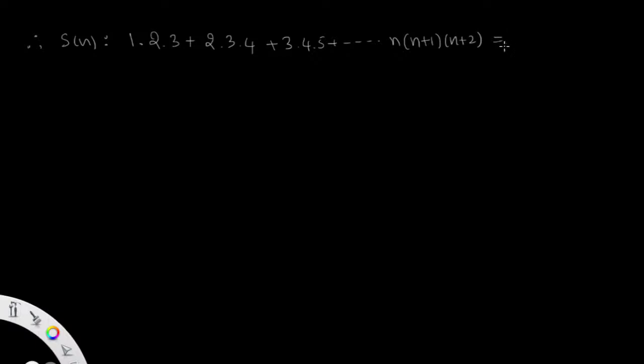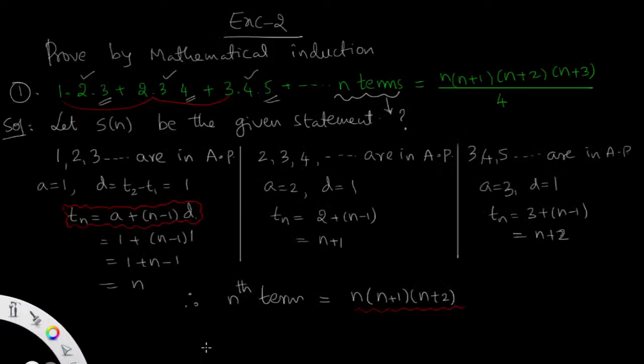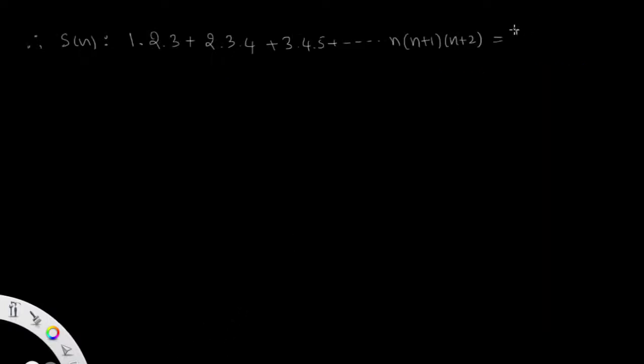This is equal to the given value, n into n plus 1 into n plus 2 into n plus 3 divided by 4. This is the condition S of n.